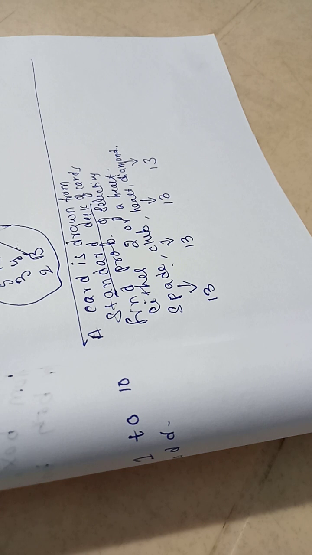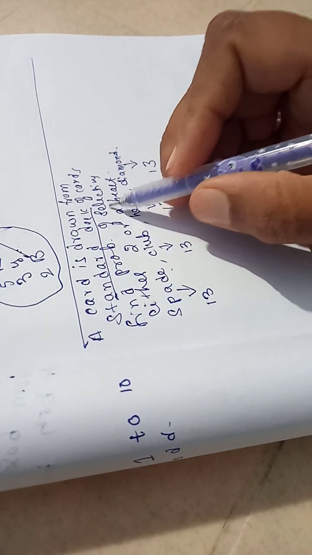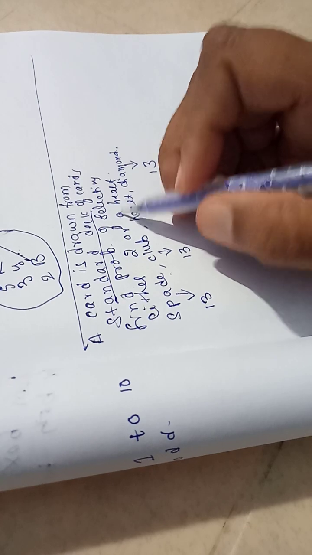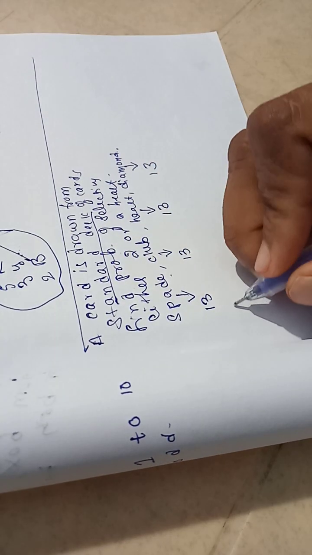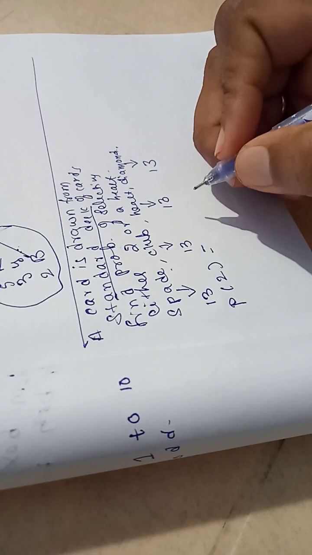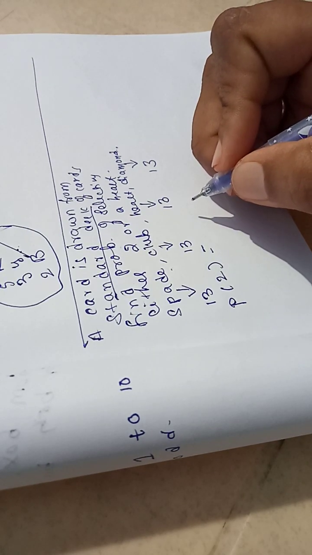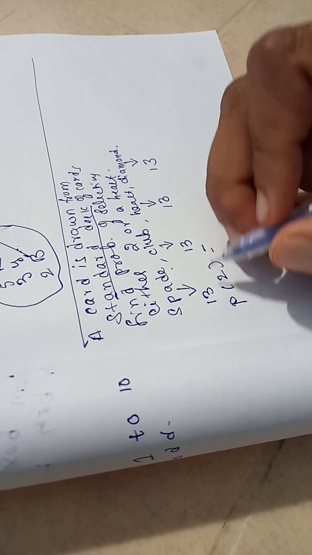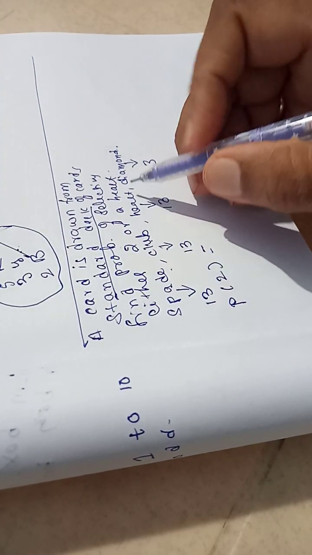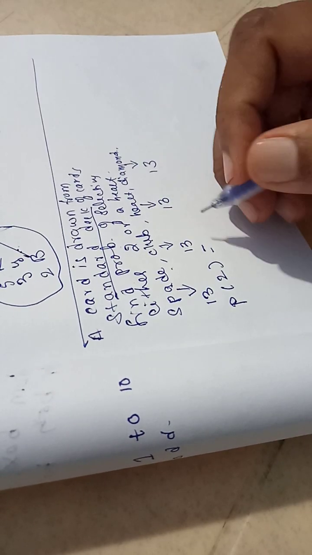Right? Now first, he is saying to find the probability of selecting either 2 or a heart. So first, the probability of selecting 2, let us write. Right? So now here, in spade we will find 2, in club we will find 2, in heart, in diamond also we find 2.